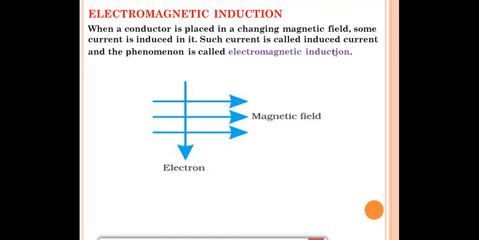Such current is called induced current, and the phenomenon is called electromagnetic induction. Suppose this is a magnetic field, and if we place any conductor in that, some current will be induced in that conductor. So that process is called electromagnetic induction.